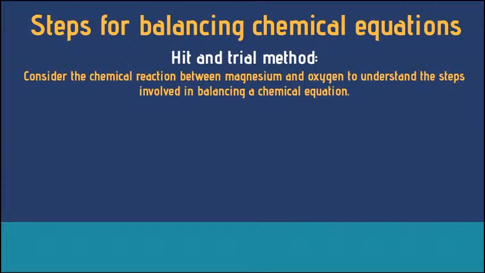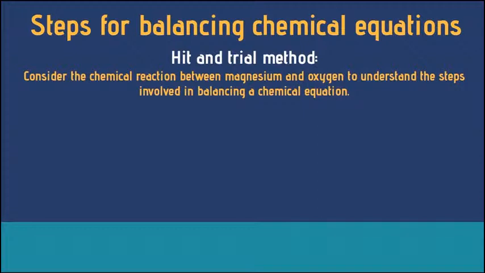And I'm going to share another very easy trick with which you can balance the chemical equation in just a few seconds. First of all, let's see how to balance a chemical equation using the hit and trial method step by step, as you should try it in the examinations too.